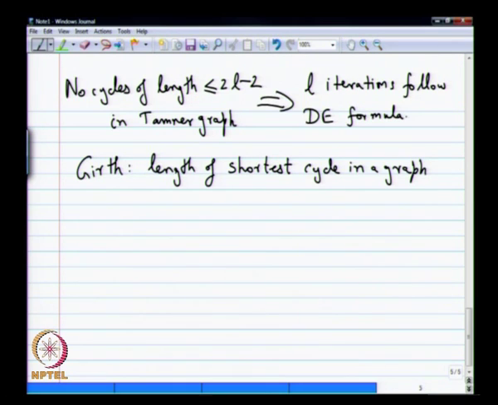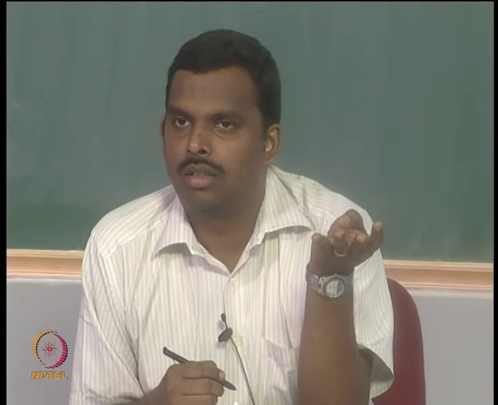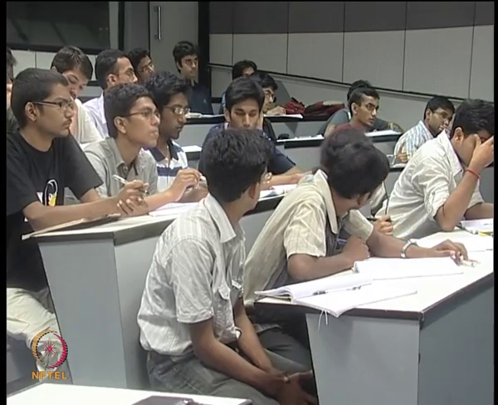I'm getting a little confused here. If I recall correctly, if you have girth 4, or a cycle of length 4, you should not be able to do even one iteration, because even that one iteration will cause some trouble. I'm sorry, you can do one iteration, is it?